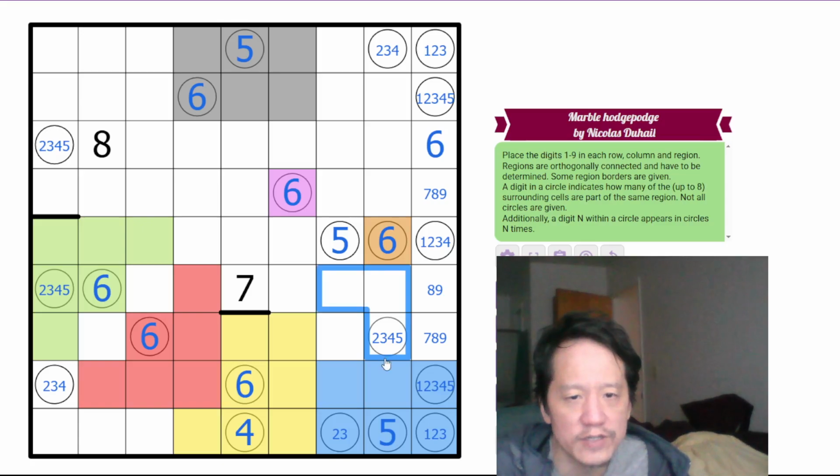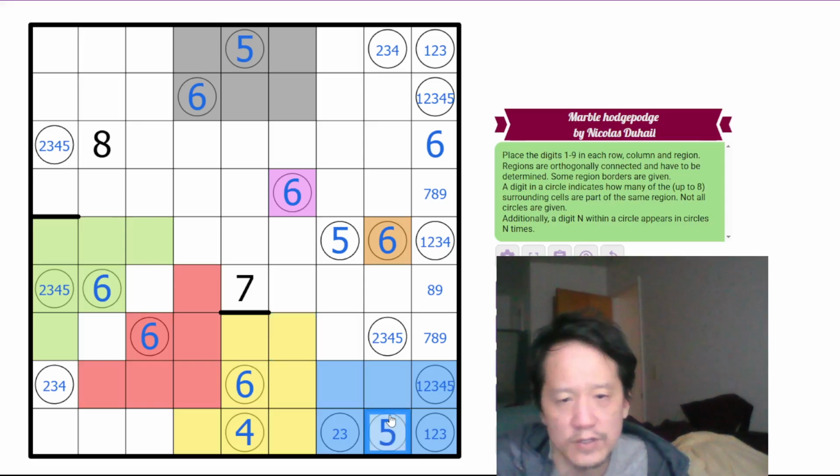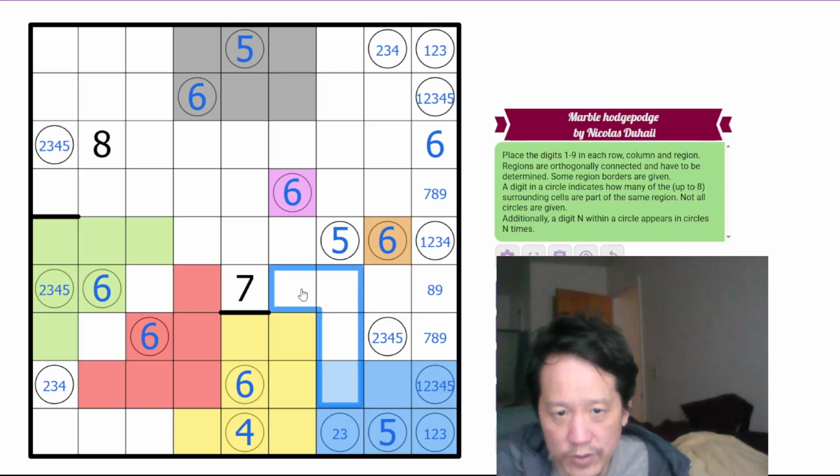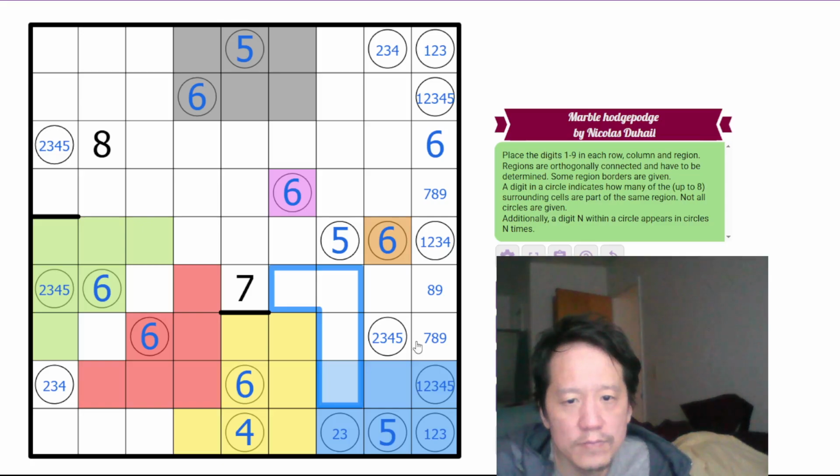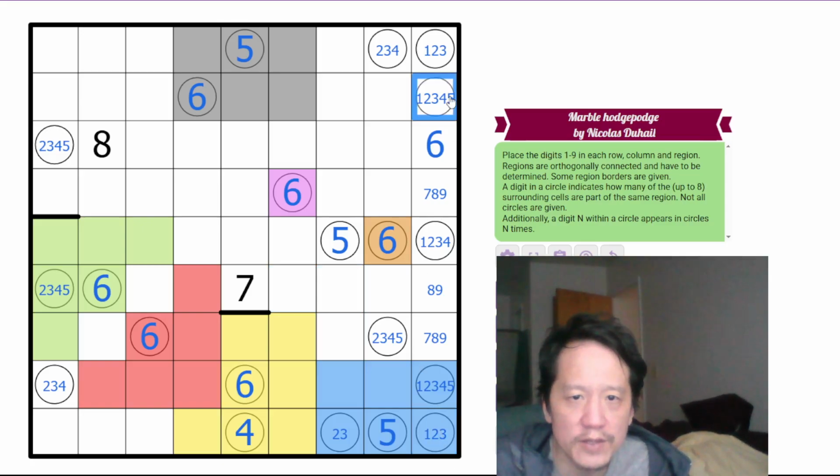It cannot be part of yellow. We could do something like that, I guess. But this would be 3. And this 5 would force this to be 3 also. Yeah.